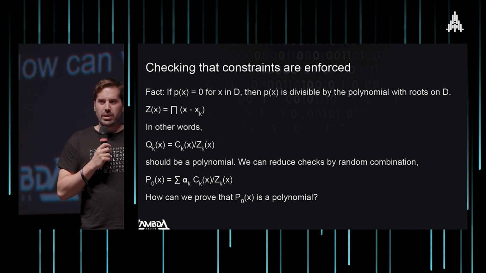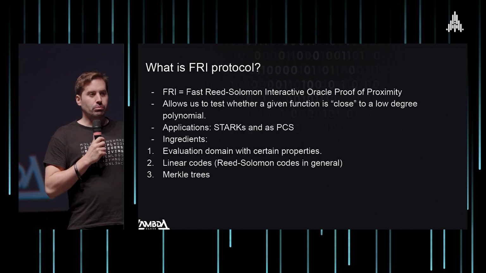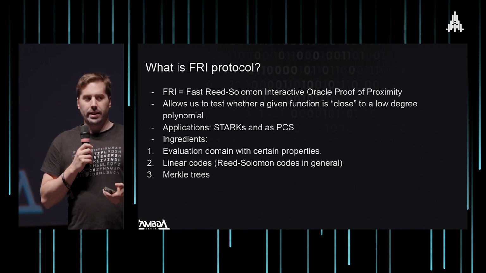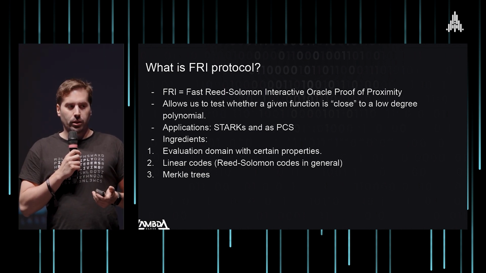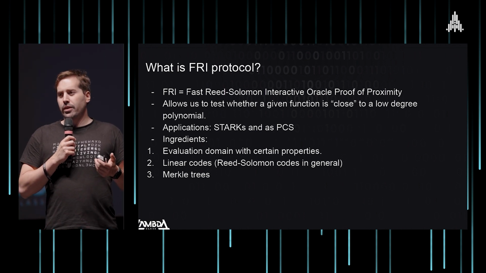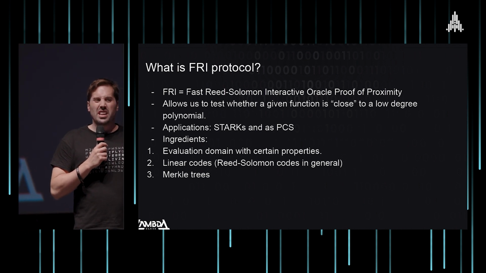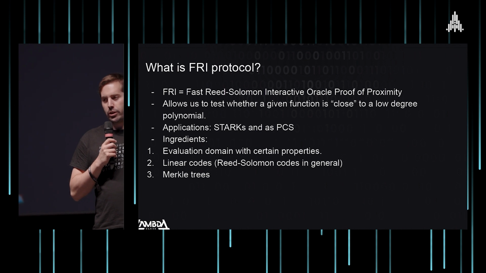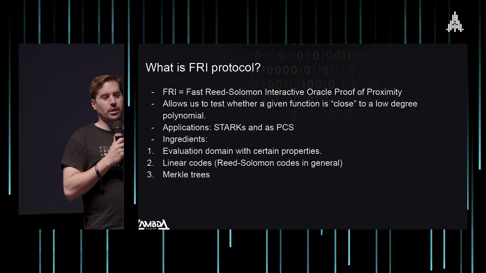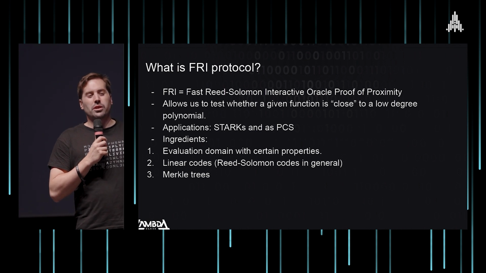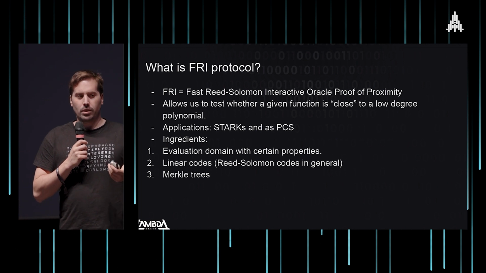Well, here comes the main ingredient of the protocol, which is FRI. So FRI is a proximity test based on Reed-Solomon codes. And the thing is, it allows us to test whether a function is close to a low-degree polynomial. So this means we are likely to accept this even if the function is really not a polynomial, but it is close to some low-degree polynomial.